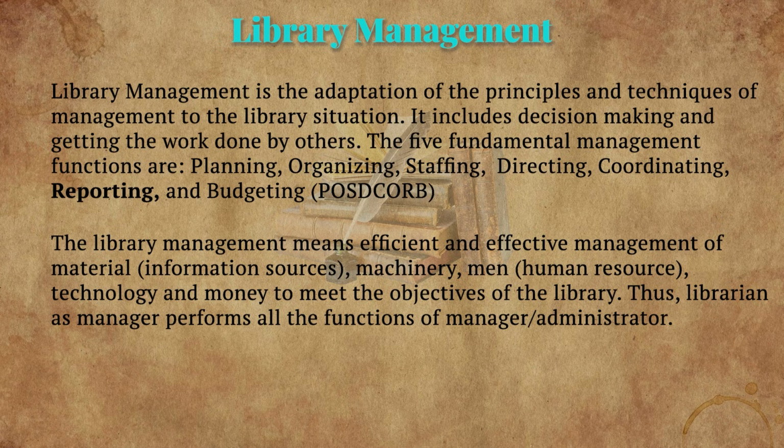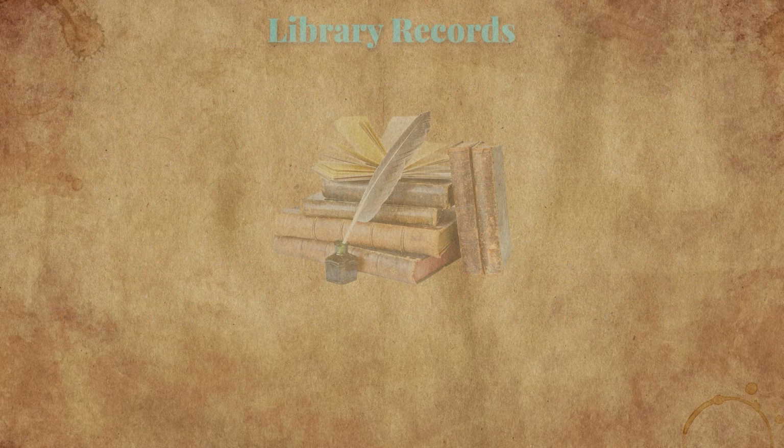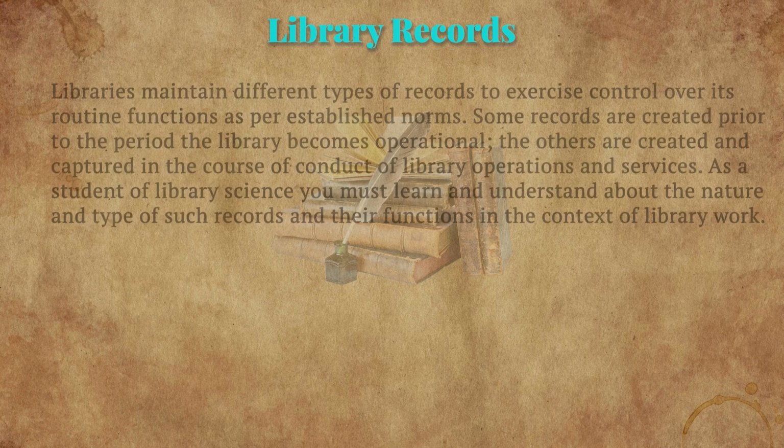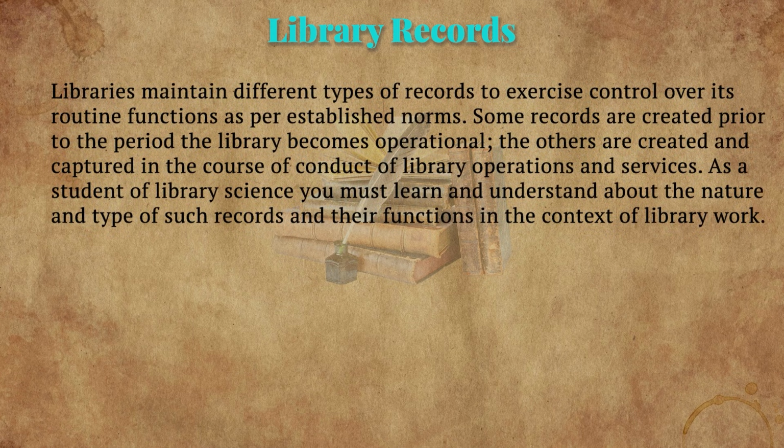So as I said, to maintain different library records. The library maintains different types of records to exercise control over its routine functions as per established norms. Some records are created prior to the period in which the library becomes operational. The others are created and captured in the course of conduct of library operations and services.